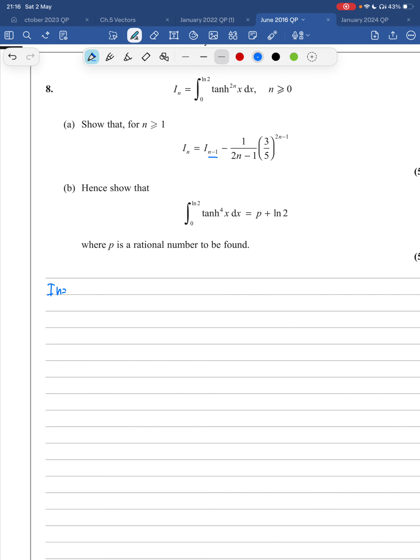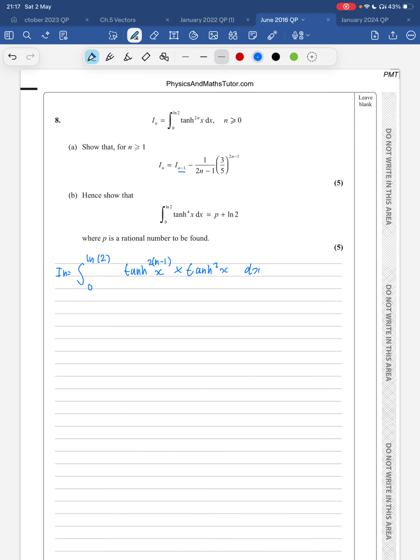I_n equals the integral from ln 2 to 0 of tanh^n x. How am I going to write it? tanh^(2n-1) like this. However, it still needs to be tanh^(2n). Therefore, I have to multiply by tanh squared x dx.